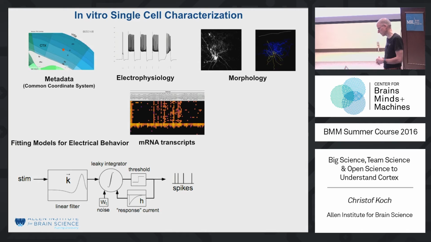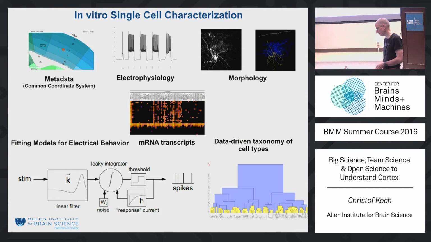We can read out RNA associated with 8,000 genes, and based on that we can do classification. And ultimately what we want to do, of course, is combine the classification based on morphology in the same cell with the electrophysiology and the transcriptome. And we're beginning to do that now using a technique called patch-seq.